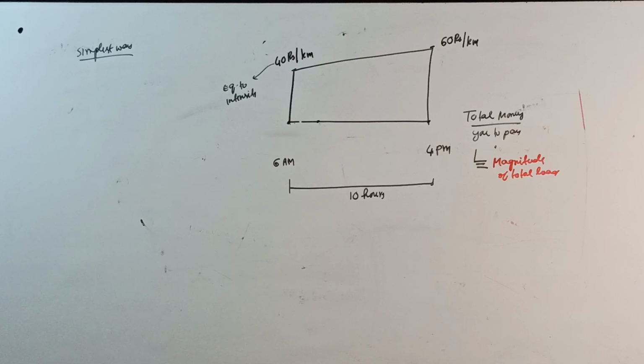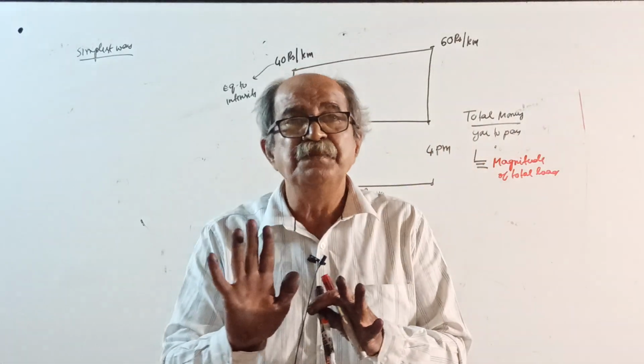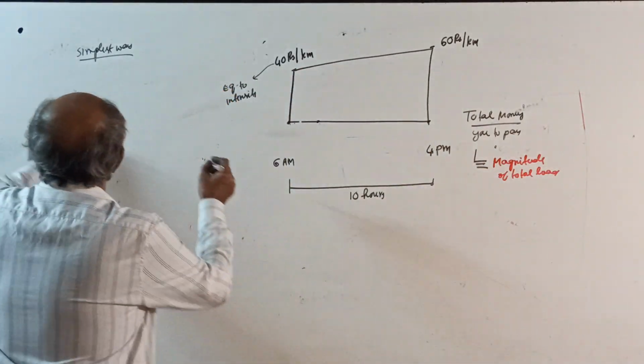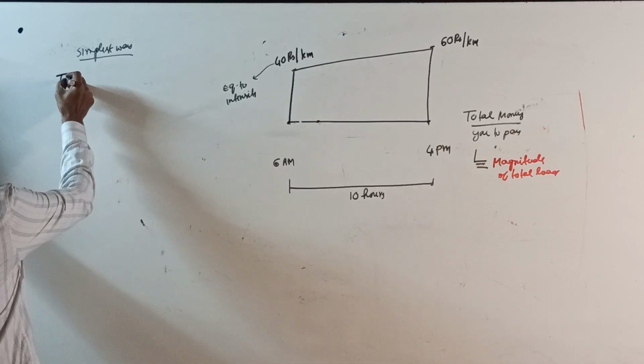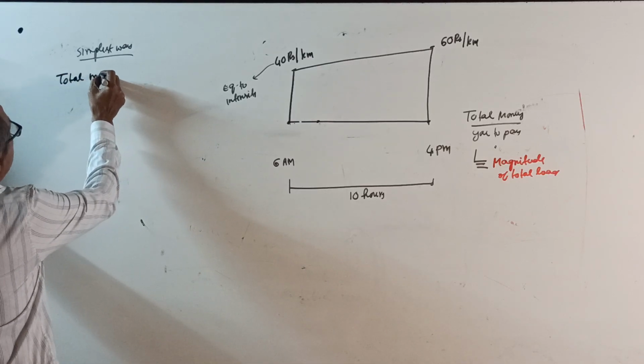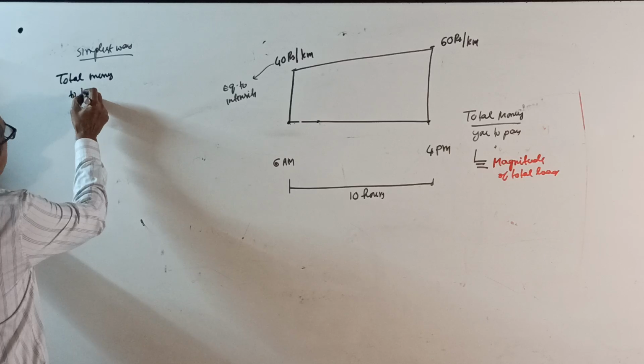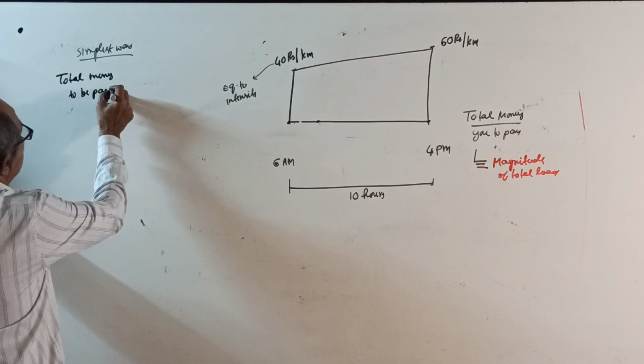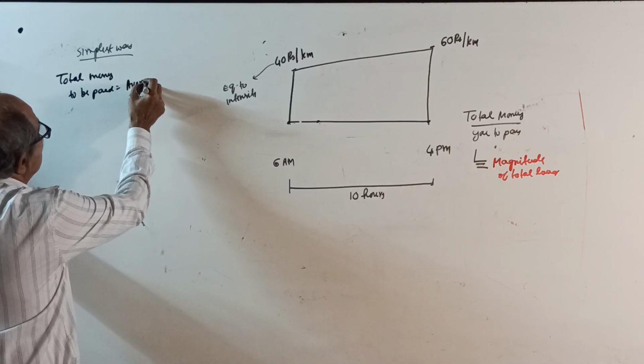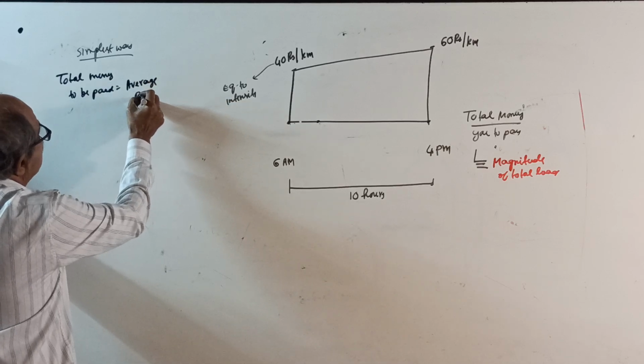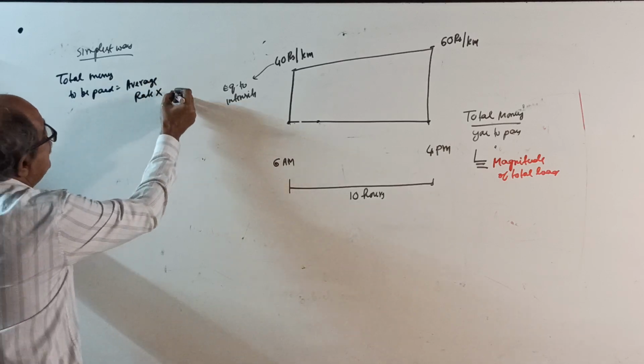I will tell you, the simplest way: total money to be paid by you is average rate into distance traveled.